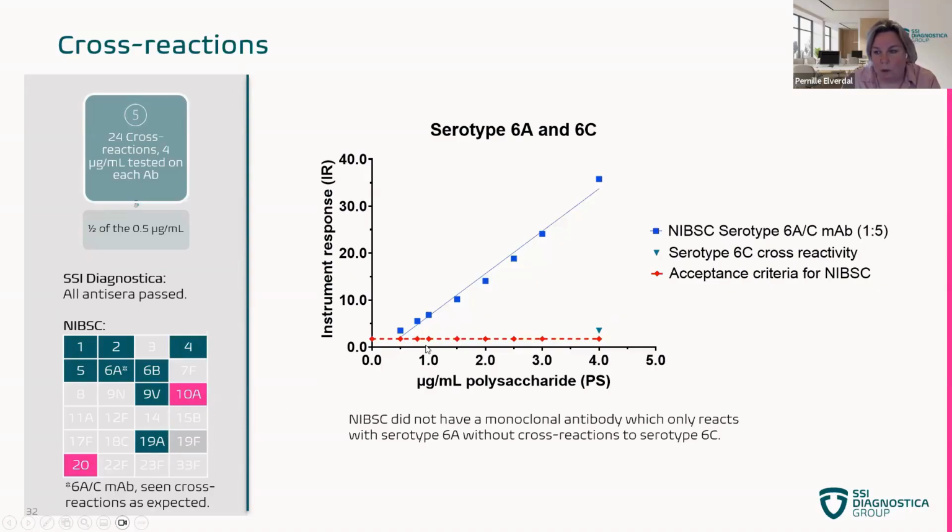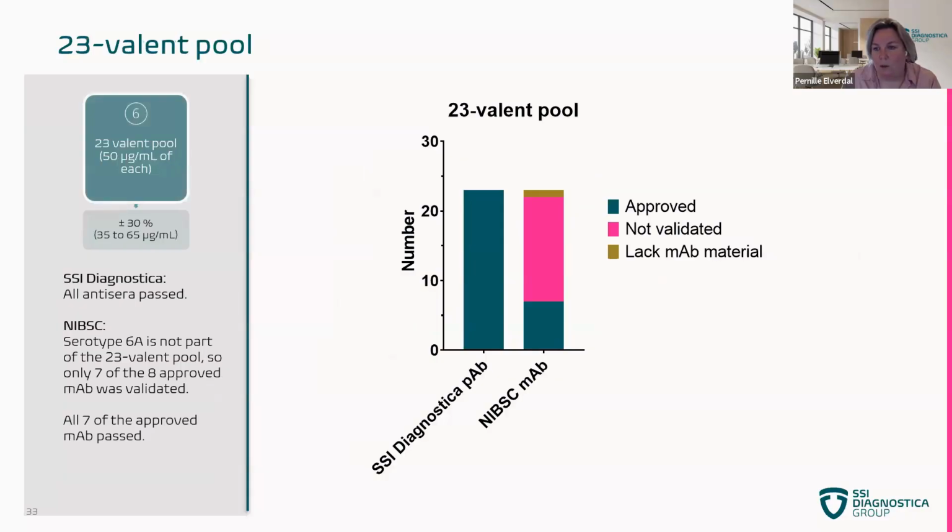But of course, we looked at it from a 6A perspective, so it passed this cross reaction criteria. But 10A and 20 showed cross reactions and were not specific for 10A and 20. So those 2 were taken out of the pool, and only 8 were left for the further testing.